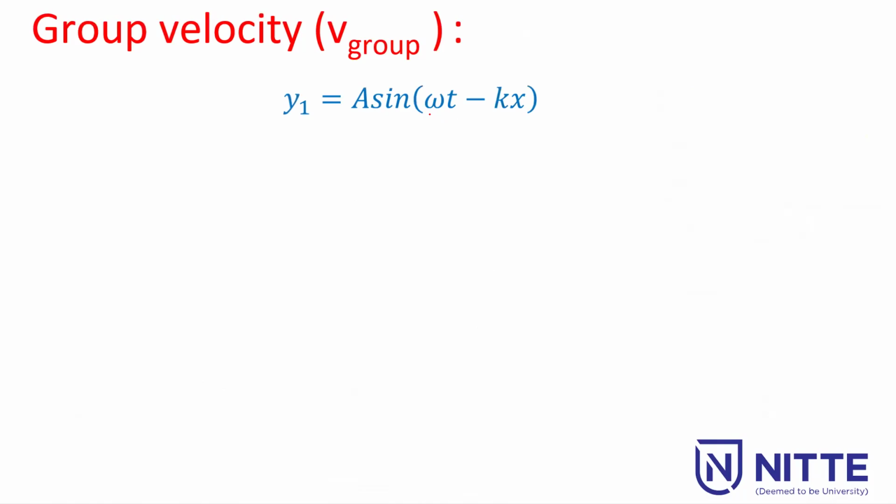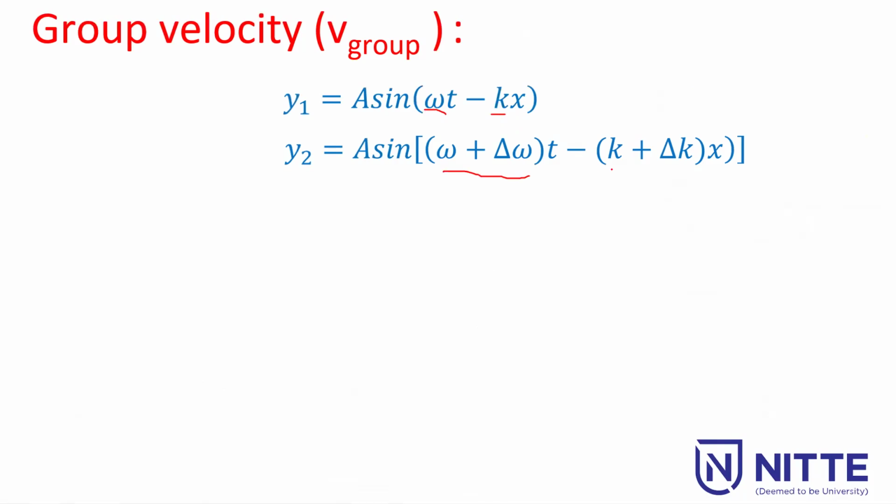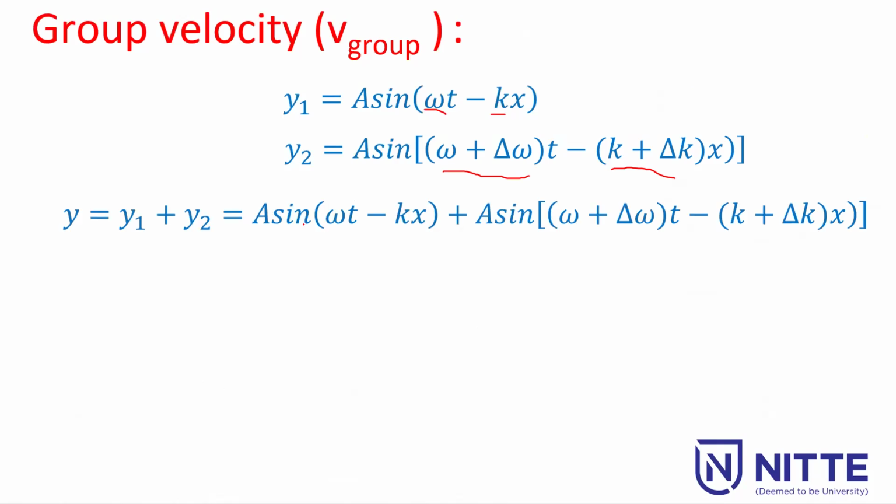There is a slight difference in omega because the frequency changes, and a slight difference in k because k equals 2 pi by lambda. We consider the change in frequency as delta omega and the change in k as delta k. The other wave, with slightly different frequency, is y2 equals a sin((omega plus delta omega)t minus (k plus delta k)x). If these two are superimposed, the resultant is y1 plus y2.